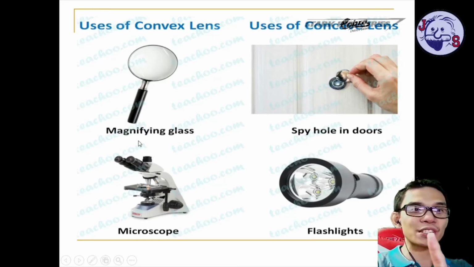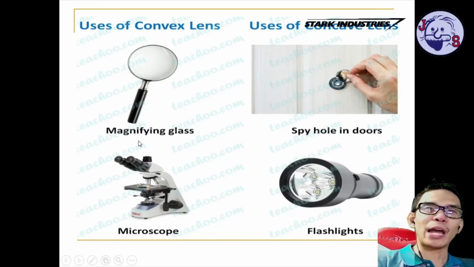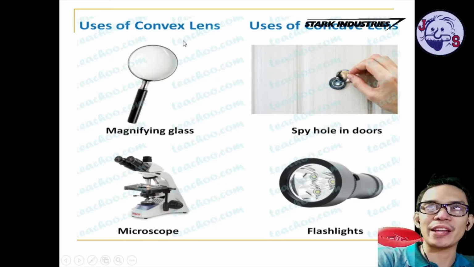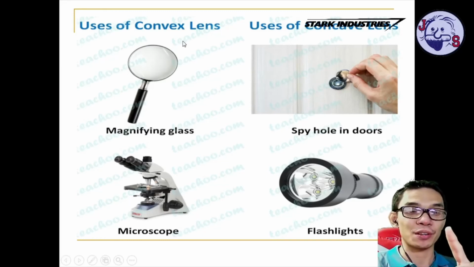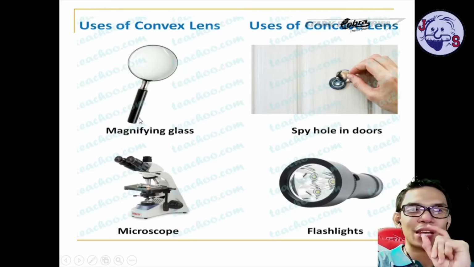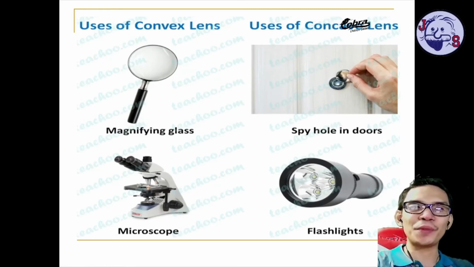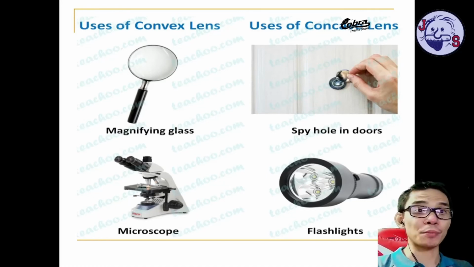Now, the question is, I want you to make a ray diagram that uses a convex lens that enlarges the image. Not only does it enlarge the image, it is also upright, and the image is also virtual. Is that possible?